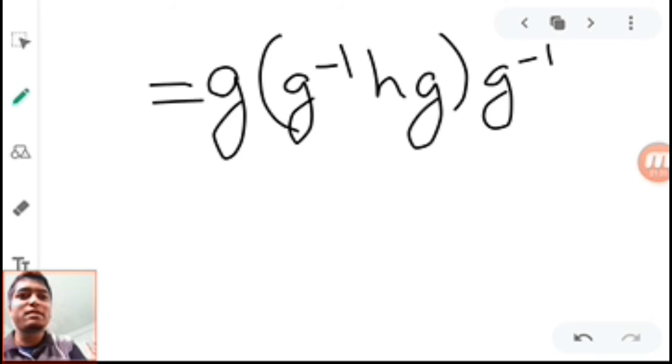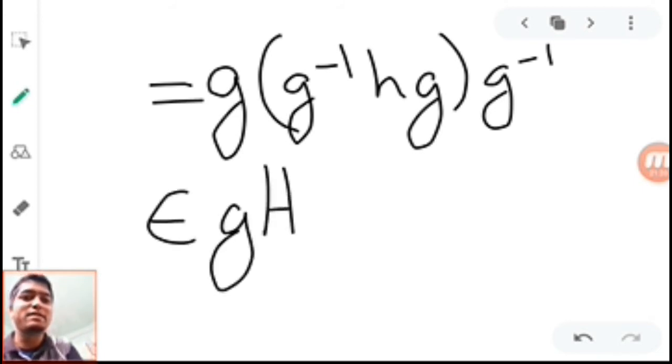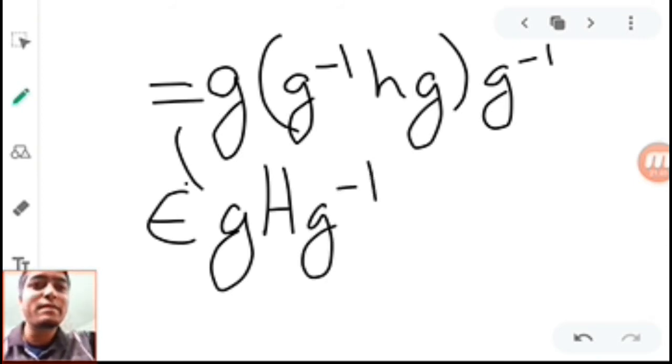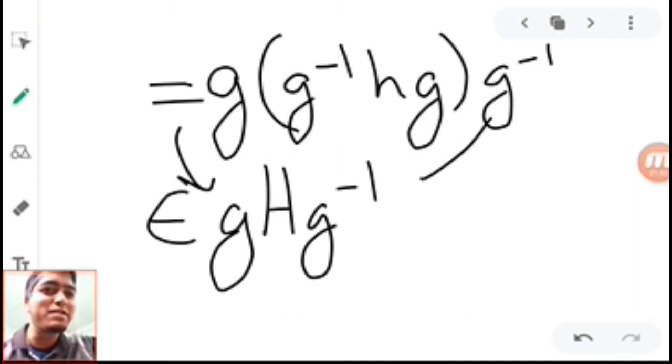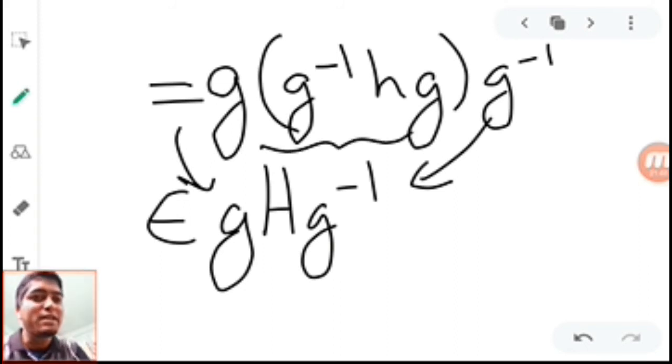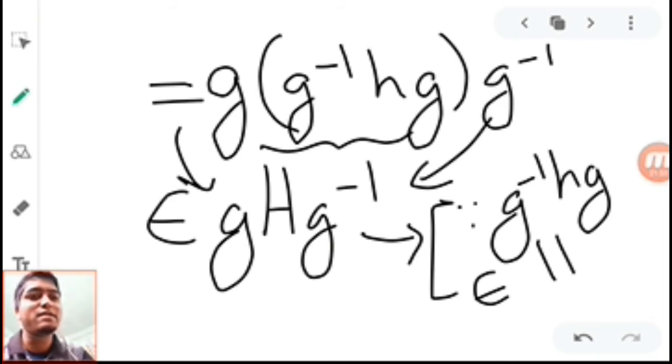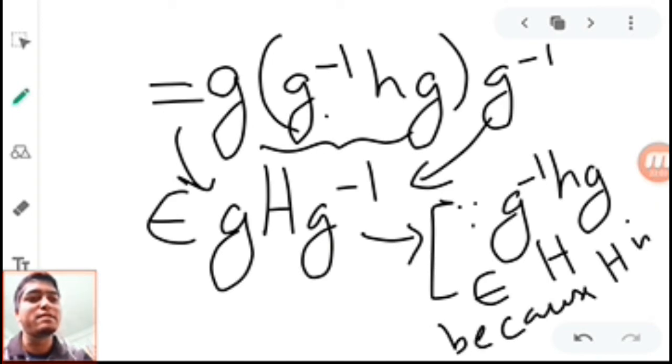So this one, I can write it, belongs to G H G inverse. How do I know? First of all, this one is G, this one G inverse, it doesn't make any difference. The reason is that G inverse h G belongs to H because H is normal.